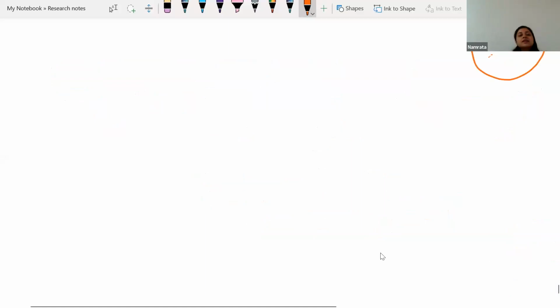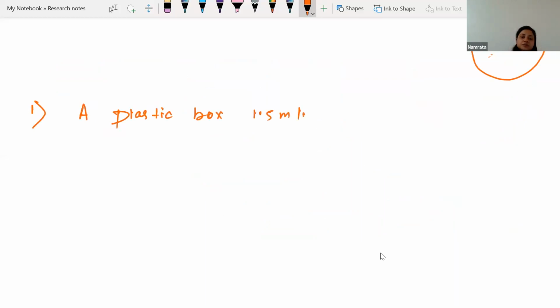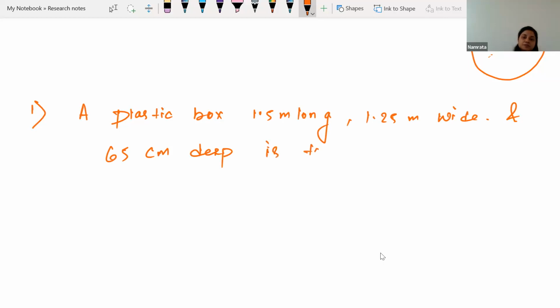Now let's take a few questions. You will be able to understand what exactly we need to do when we have to solve the question. So the very basic question I am taking: a plastic box 1.5 meter long, 1.25 meter wide, and 65 centimeter deep is to be made.